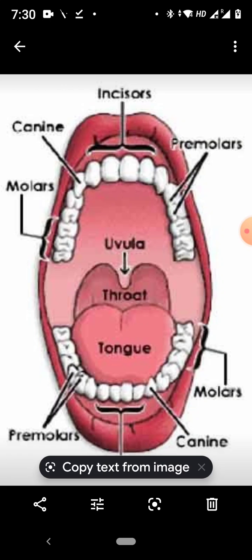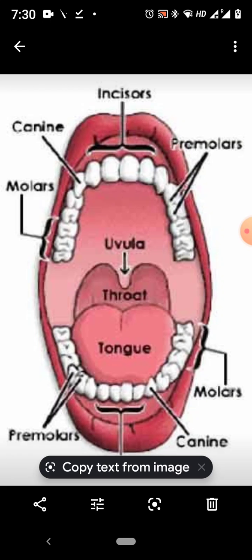In adult humans, there are 32 teeth of 4 different types. In the upper jaw and lower jaw, 2 incisor teeth, and canine, one on the upper jaw and one on the lower jaw, and premolars, 2 in the upper jaw and 2 in the lower jaw, and 3 molar teeth in the upper jaw and lower jaw.